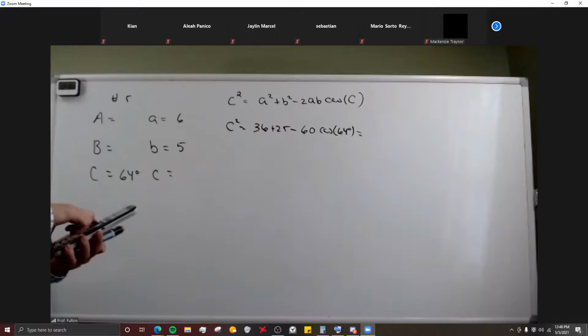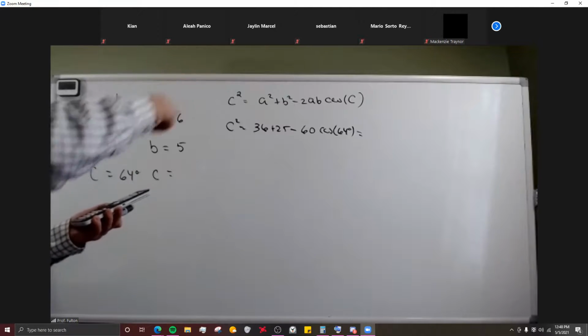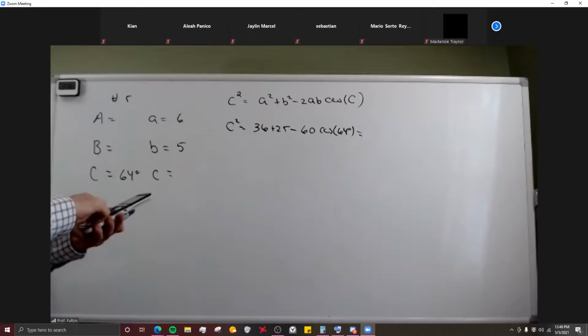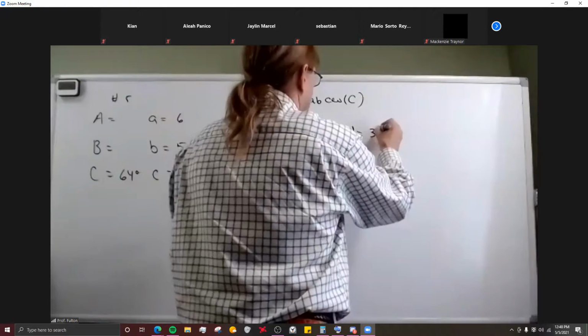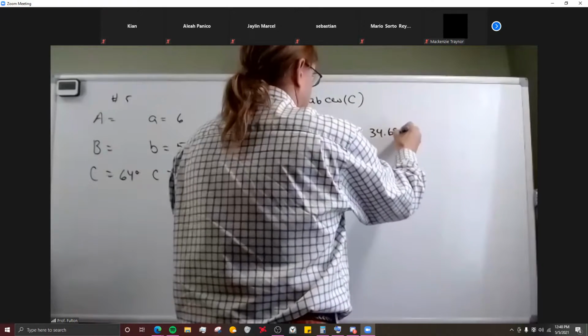Go to the degree mode. Always check to see what mode you're in. So 36 plus 25 minus 60 times cosine of 64. So C squared in this case is equal to 34.6977.